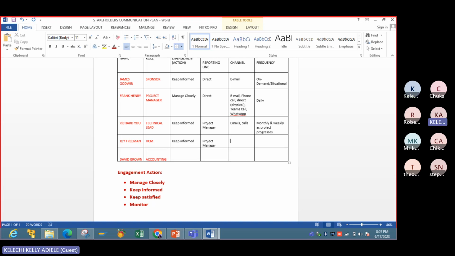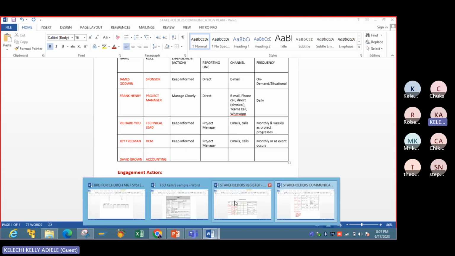Of course, this will be emails, most likely, and calls. This is basically monthly or as events occur.